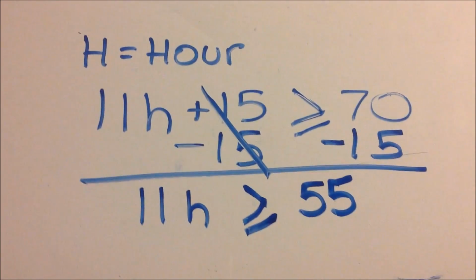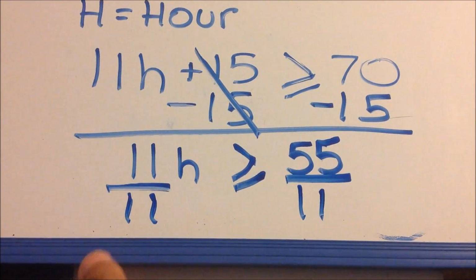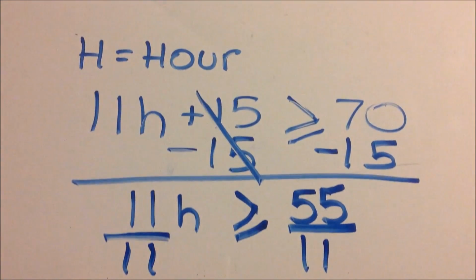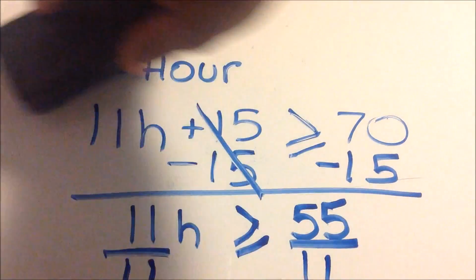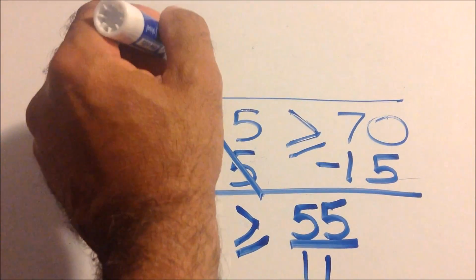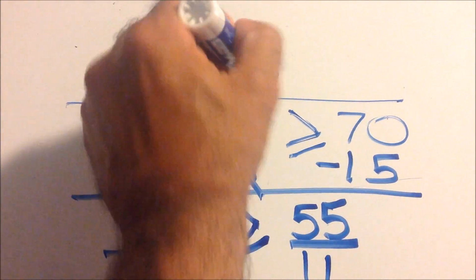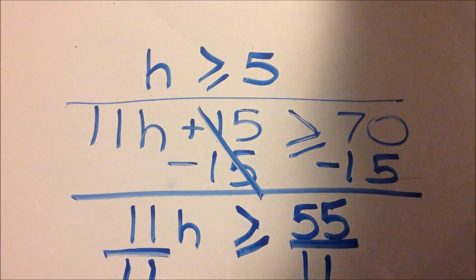So now we'll divide the 11 on both sides. And we have our answer. H has to be greater or equal to 5. So we know now H has to be greater or equal to 5 for that to work. So that's the first word problem.